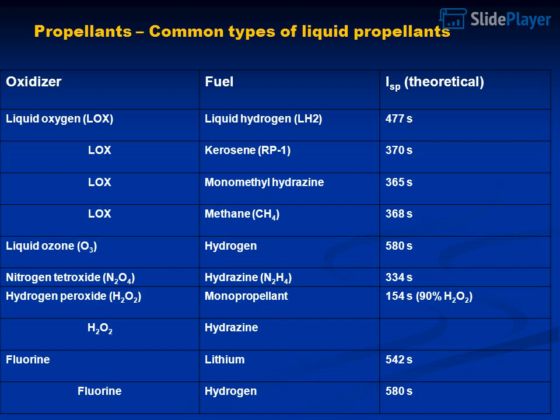Liquid ozone, O3, with hydrogen: 580 s. Nitrogen tetroxide, N2O4, with hydrazine, N2H4: 334 s. Hydrogen peroxide, H2O2, as a monopropellant: 154 s, 90% H2O2. H2O2, hydrazine, fluorine, lithium: 542 s.